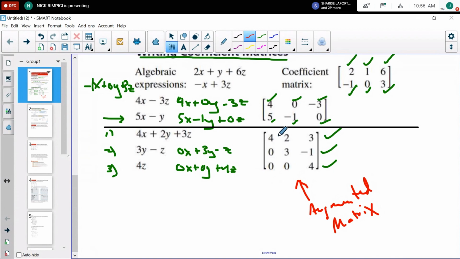So the coefficients in this form are considered the augmented matrix. If I want to use technology, I have to convert all my problems into an augmented matrix first, and then I can substitute it into the computer and let the computer solve it for me.